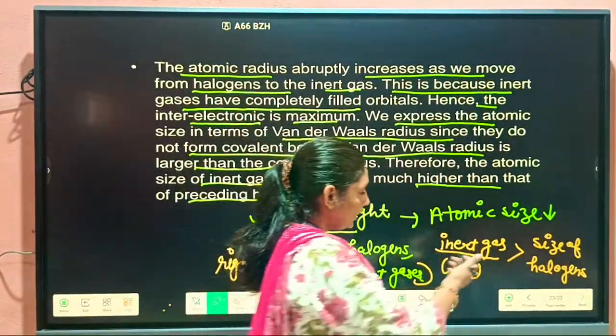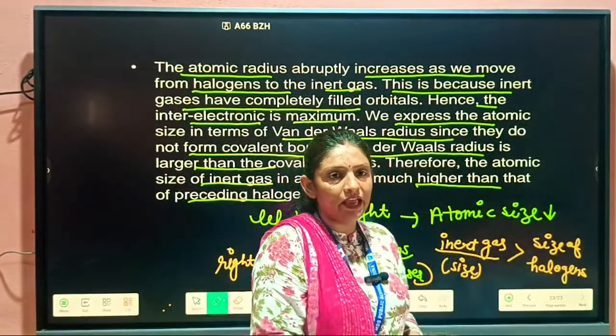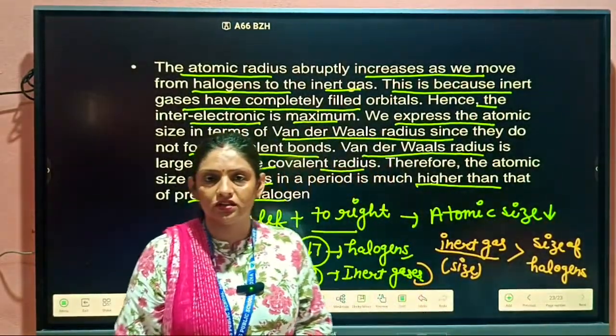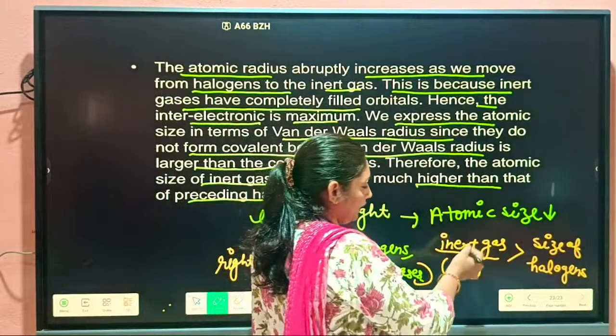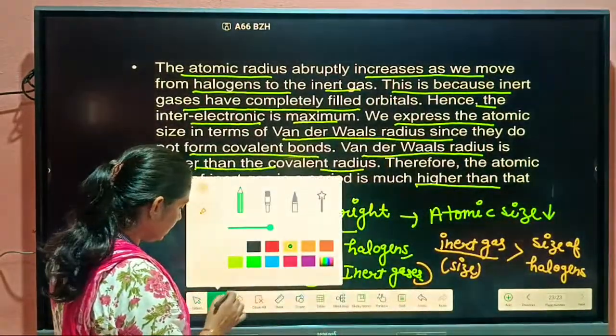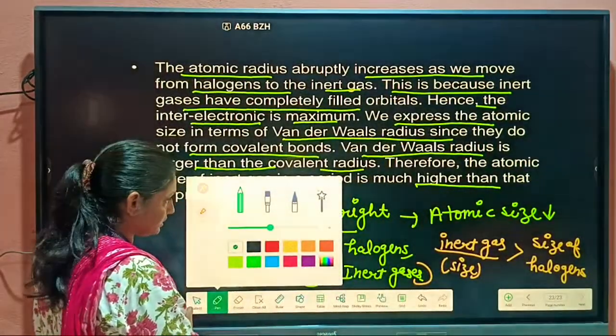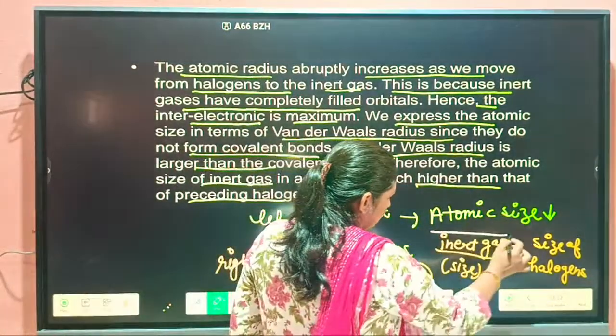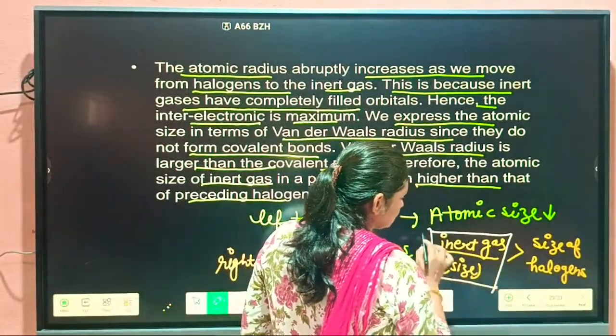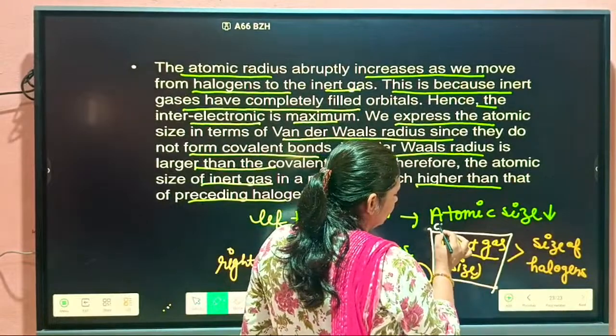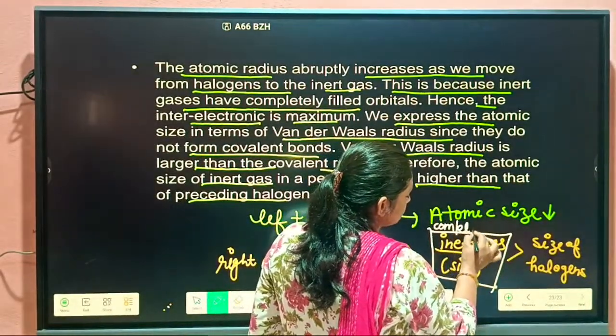So here, why do they have van der Waals force of attraction? Because here completely filled orbitals exist, because inert gases have completely filled orbitals.